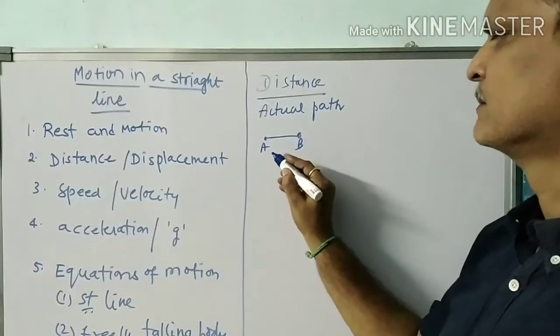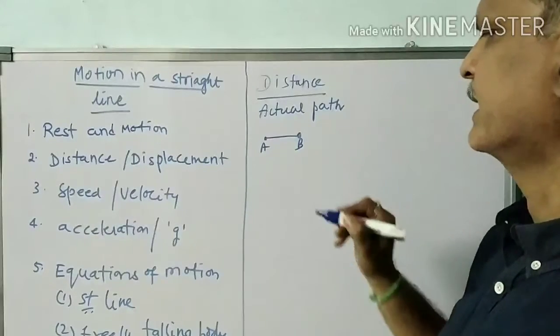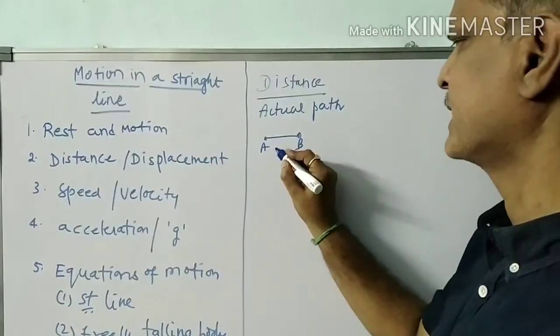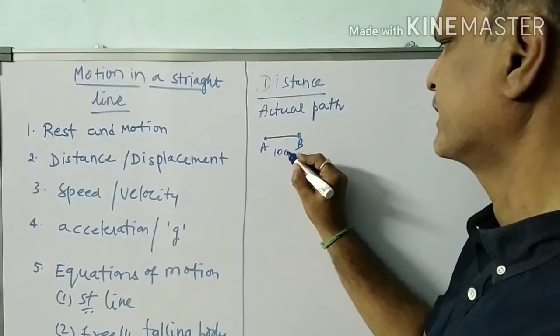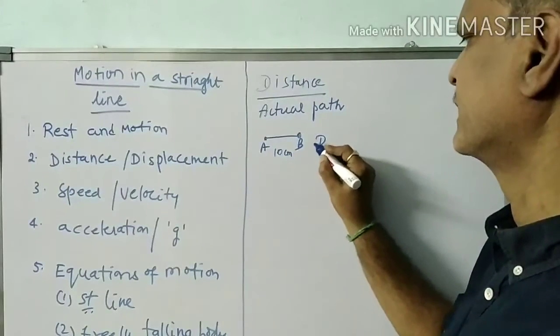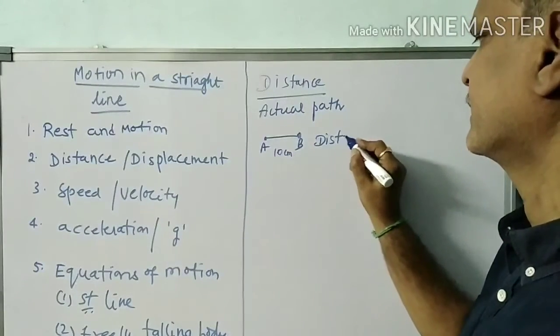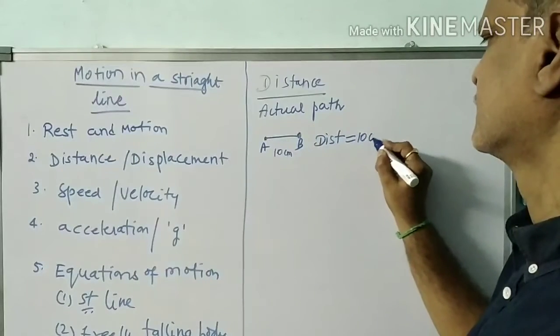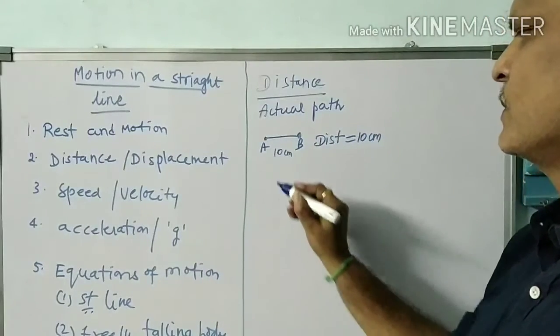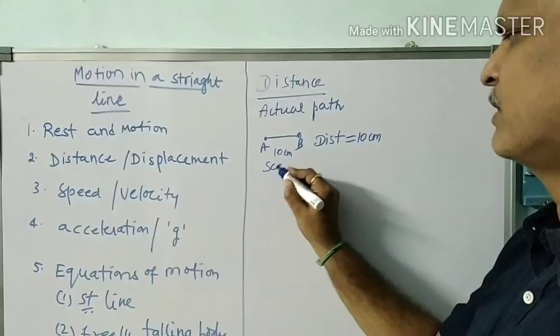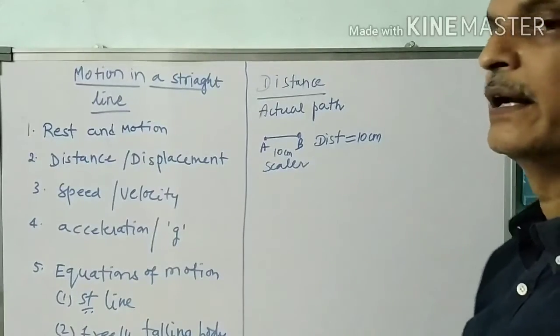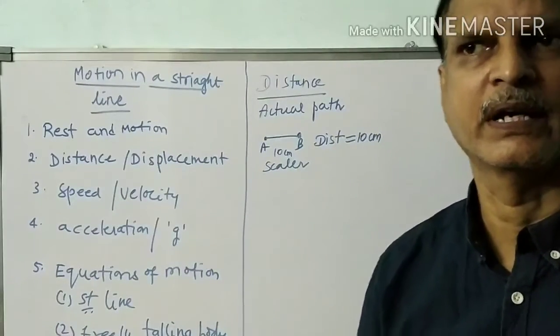So AB is the distance, say 10 centimeters. This distance is a scalar quantity. It does not have any direction.